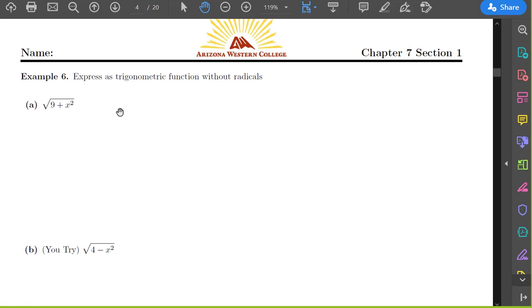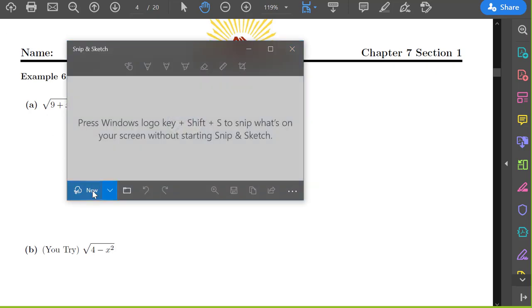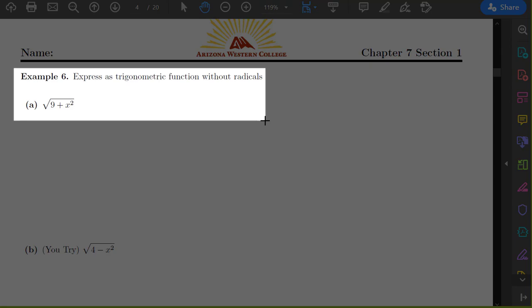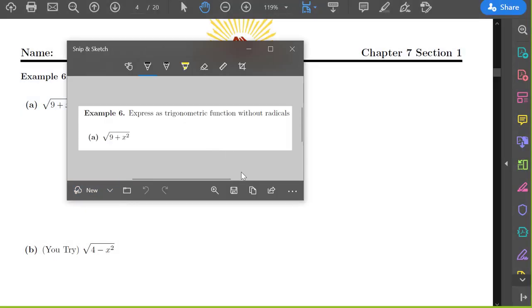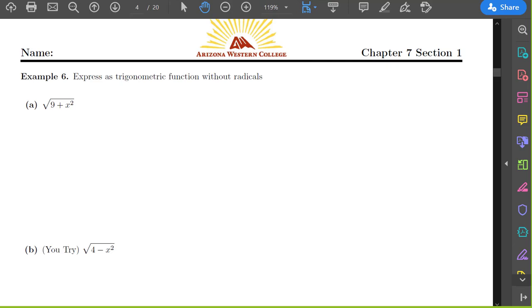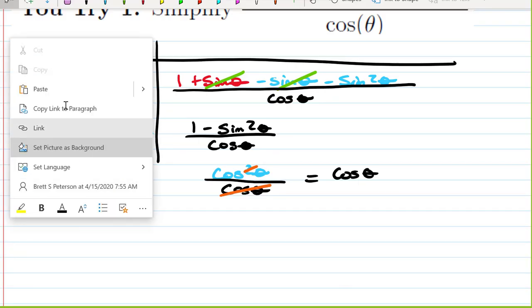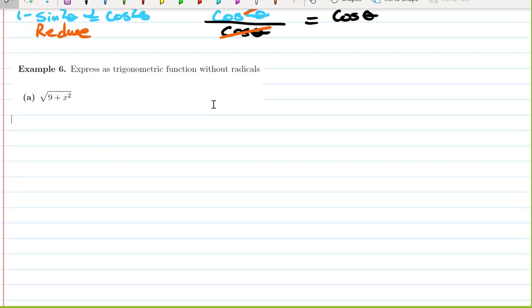All right. So let's jump to our next example. So example 6, we want to express as a trigonometric function with no radicals. So this is a technique for simplifying and reducing certain types of algebraic expressions involving radicals.